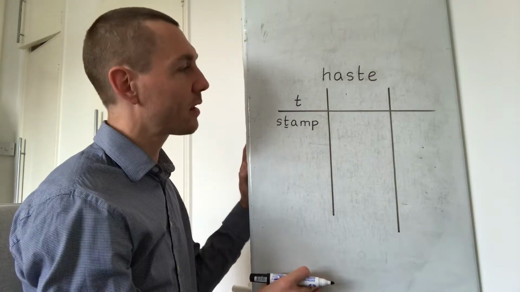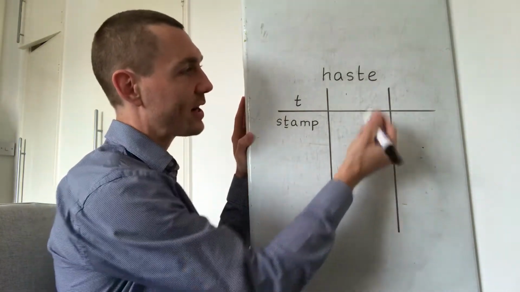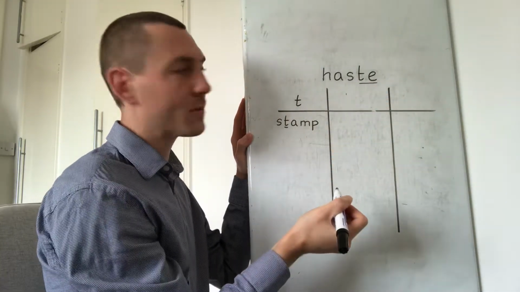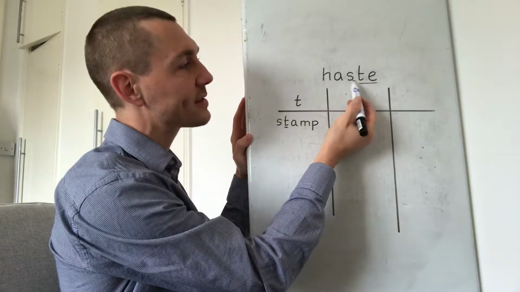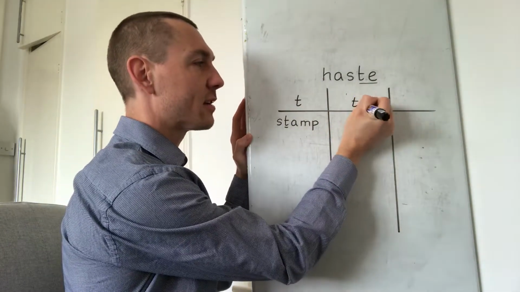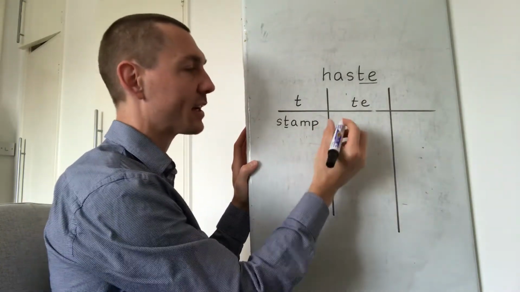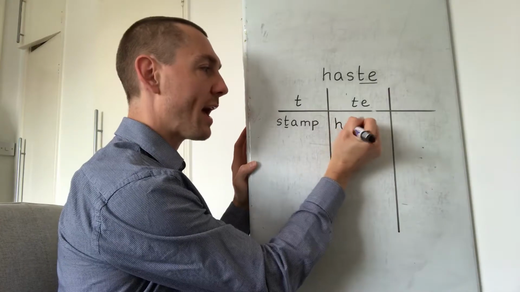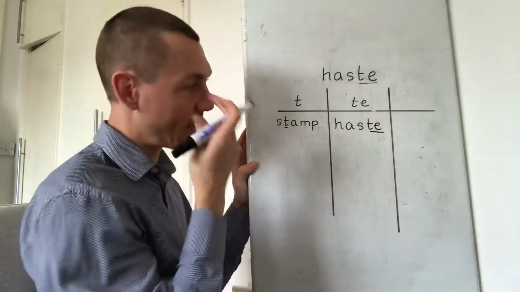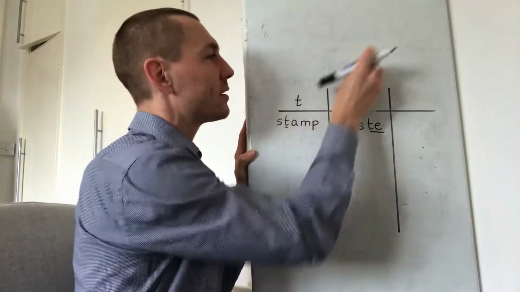Okay, let's come back together, and I can see that I've got the T-E spelling at the end of the word there. Haste, haste. So that's our second spelling of the t sound. Same sound, different spelling, and we say h, a, s, t, haste. Okay, you get the idea.